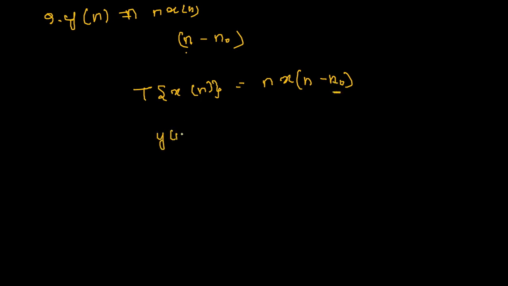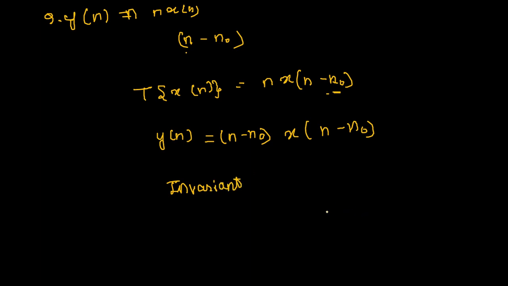However, when I look at y of n, every single n in the expression will get replaced by n minus n naught. So I get n minus n naught into x of n minus n naught. So again, like you can see, the delay in input is not equal to the delay in output. So this is another example of a time variant system.